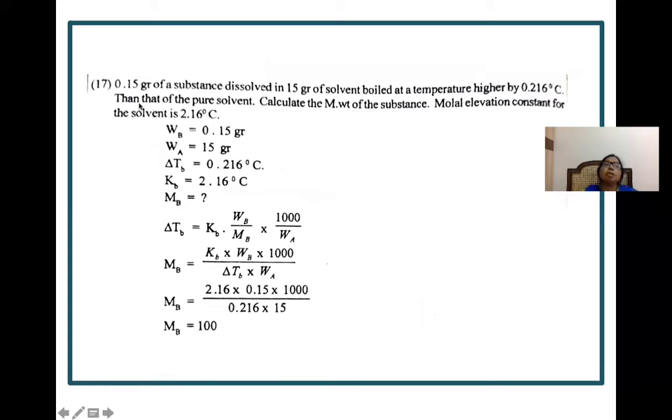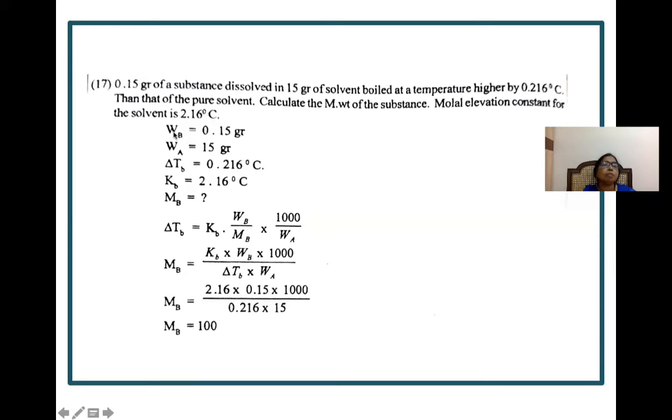Next problem: 0.15 grams of a substance dissolved in 15 grams of solvent boiled at a temperature higher by 0.216 degrees centigrade than that of the pure solvent. Calculate the molecular weight of the substance. Molar elevation constant for the solvent is 2.16 degrees centigrade.